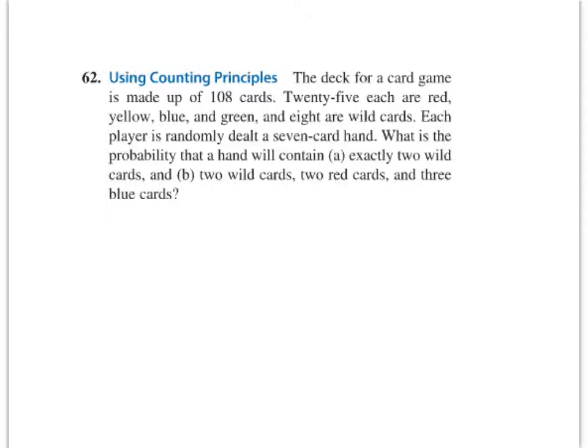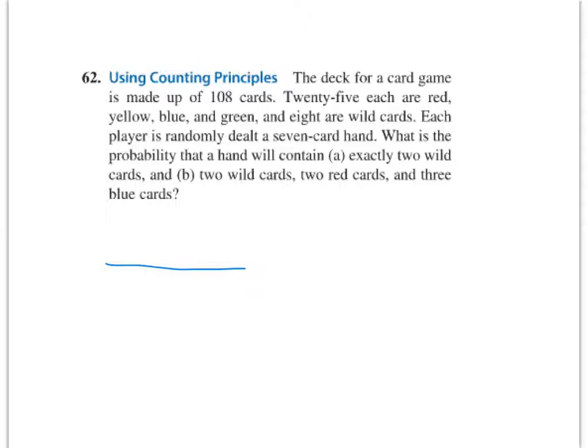Yes, this game is Uno, okay? And each player is randomly dealt a 7-card hand. A, what is the probability that a hand will contain exactly 2 wild cards? Which means it contains two wild cards and 5 regular cards.